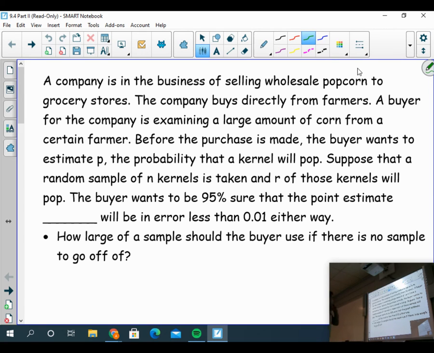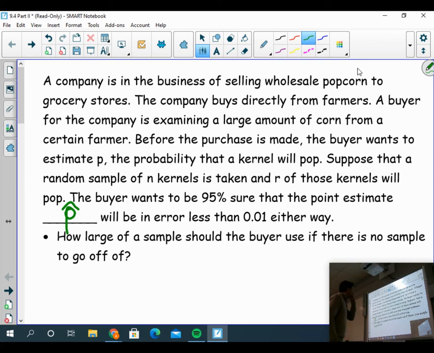Before the purchase is made, the buyer wants to estimate P, which is the probability that a kernel will pop. Suppose that a random sample of N kernels is taken and R of those kernels will pop. The buyer wants to be 95% sure that the point estimate, whatever sample probability he uses, will be in error less than 0.01 either way.